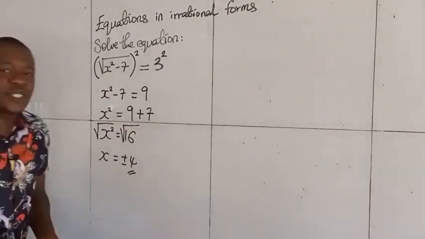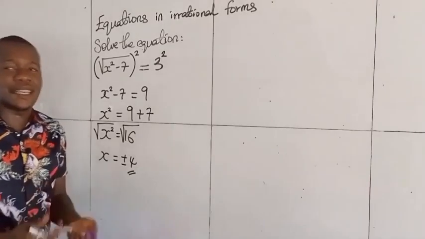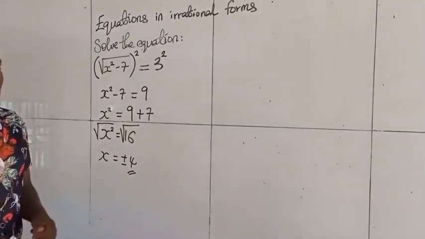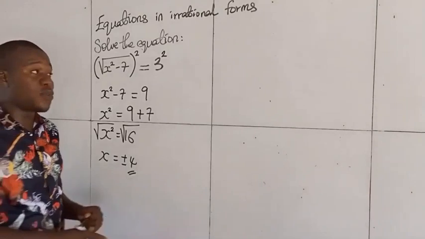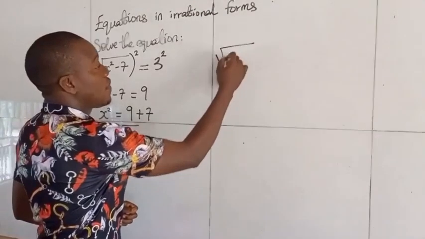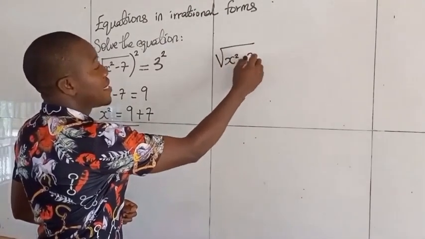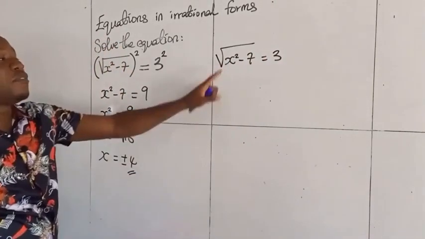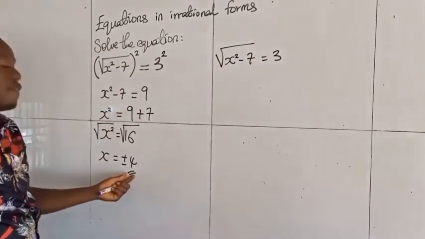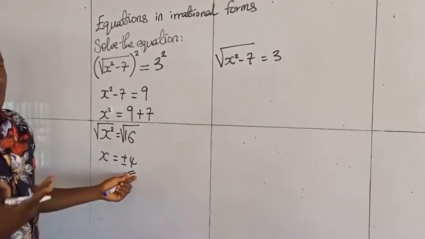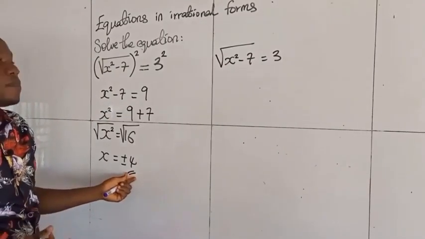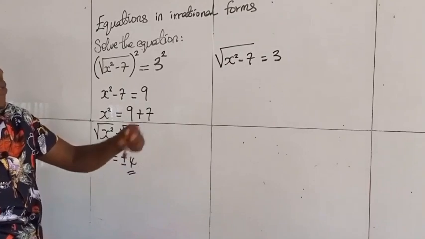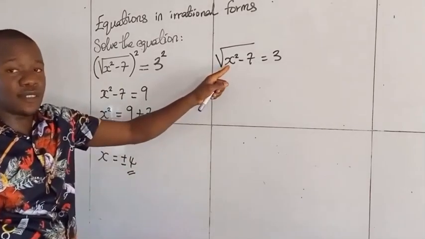And whenever you are done solving any equation, you can always check whether you are right or wrong by going back to the original equation, which was square root of x squared minus 7 equal to 3. When we go back to the original problem, we remove x and replace it with the value we got. Remember, we got two answers, plus 4, minus 4. So to check whether we are right or wrong, we replace x with plus 4.